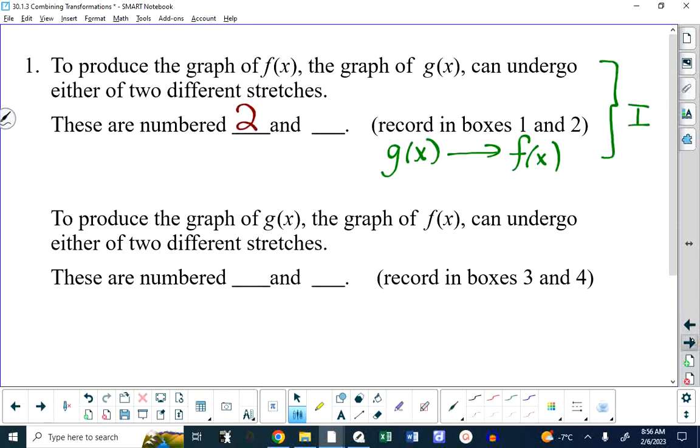Okay. Now, what's going to happen, of course, is when we go in the opposite direction, the stretch factors are the opposite. If I want to go from f of x to g of x, and we talk about vertical first, the order of these numbers doesn't matter, okay?